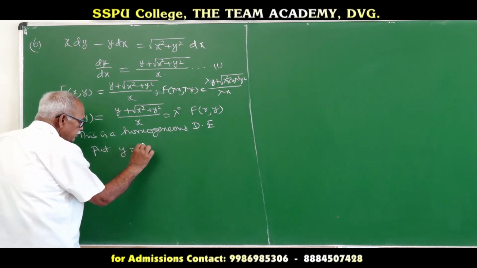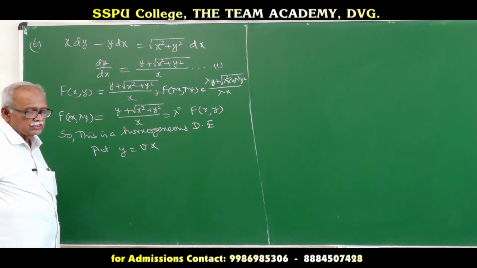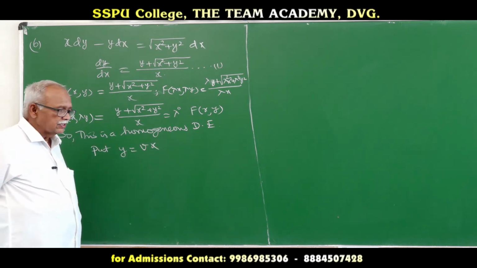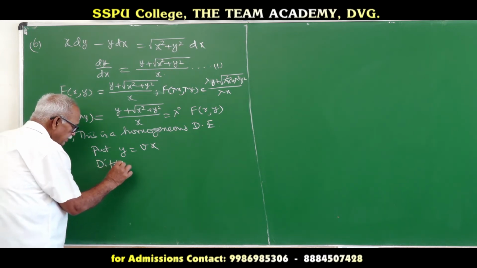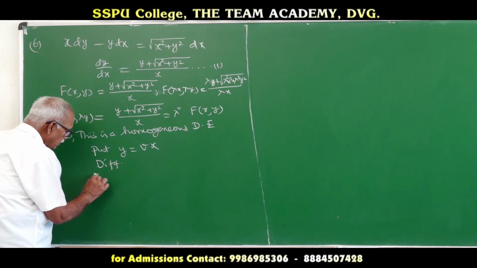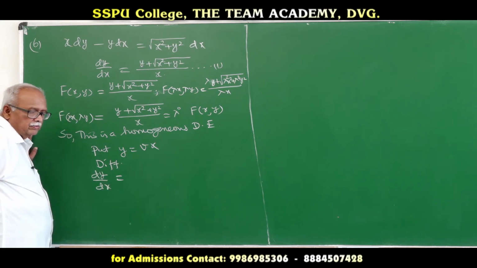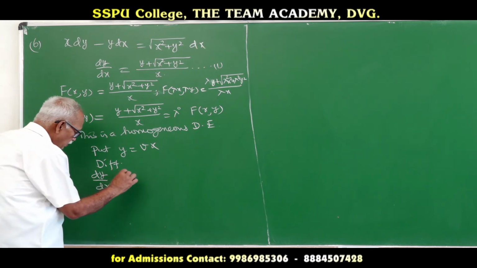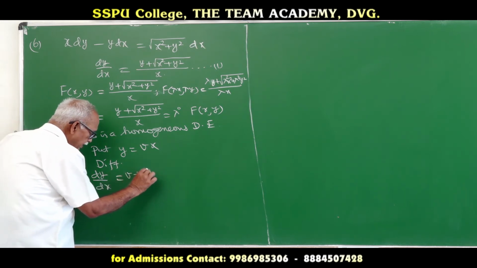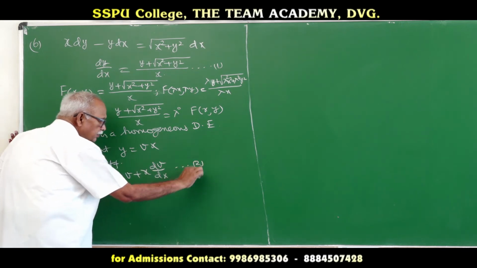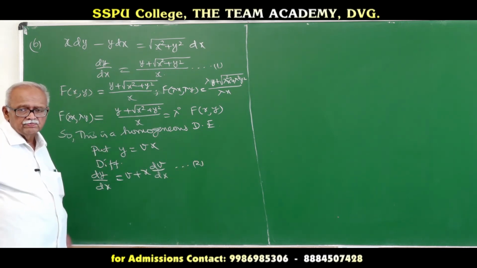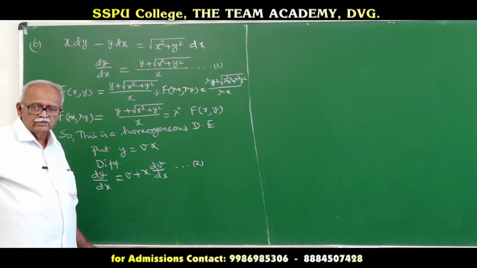Now, for this we have to put y is equal to Vx. Once we put y is equal to Vx, differentiating, dy by dx is equal to v plus x into dv by dx. So, for all the problems we are doing the same step. First prove that it is a homogeneous equation and then take the substitution.